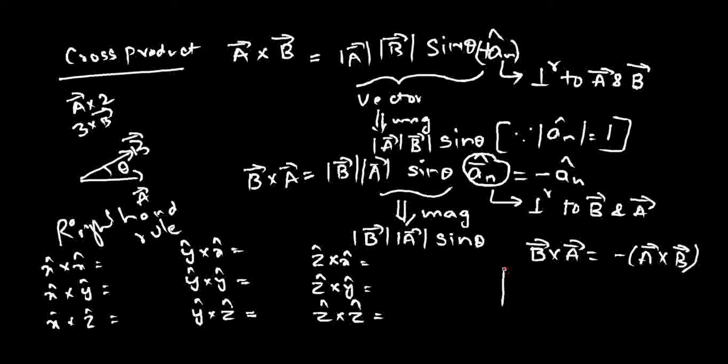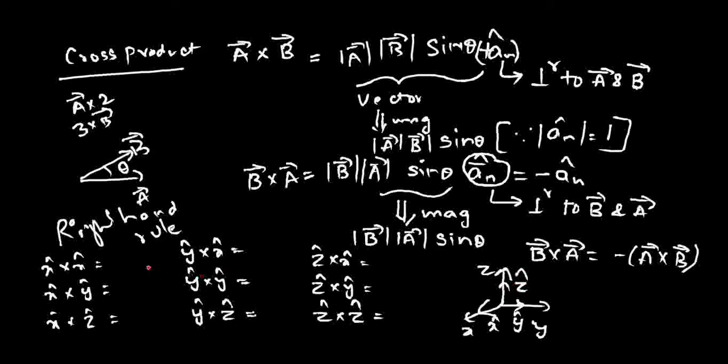Keep in mind, x cap, y cap, z cap are unit vectors along x, y and z axis respectively, and they are all mutually perpendicular to each other. So what is x cap cross x cap?